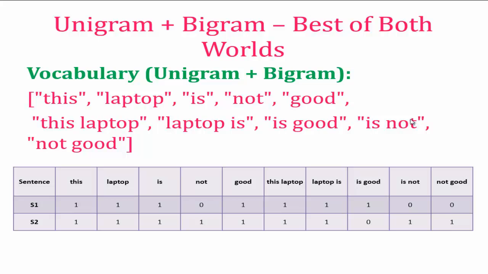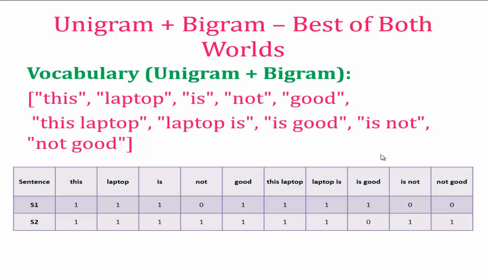And this is our bag of words matrix for Unigram plus Bigram. What's the benefit? With this combination, we get individual word signals like not, and phrase understanding like not good. So even if a word like not appears rarely, it still contributes meaning. This is especially useful in sentiment analysis, where not good and good mean opposite things.